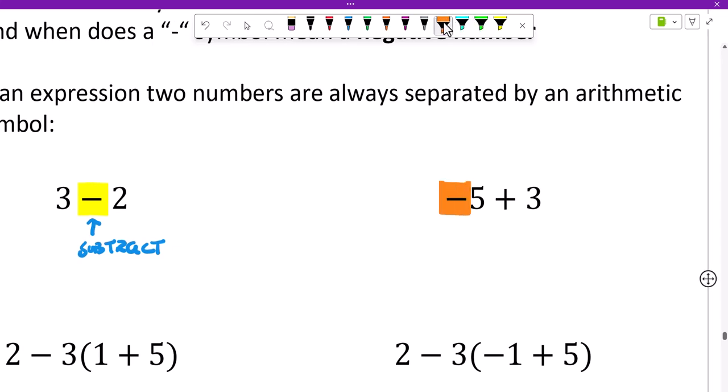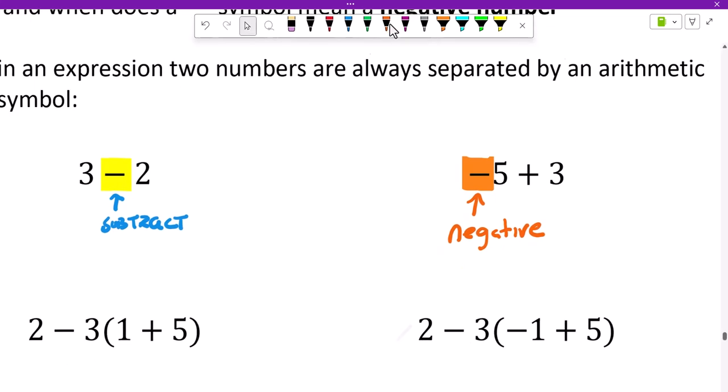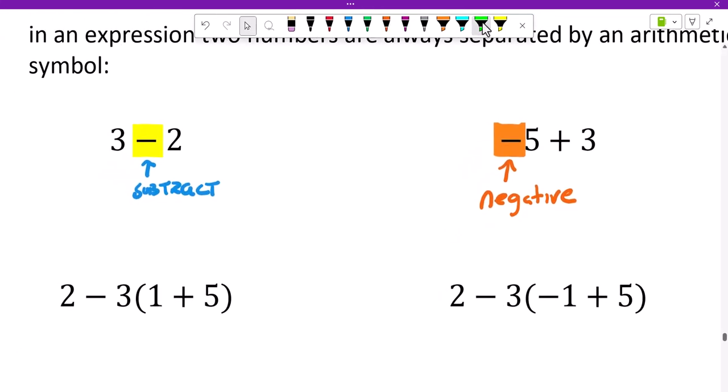Let's go orange this time. That one. Does it mean negative or does it mean subtract? Lyndon? Negative. Correct. Okay. Let's do green this time. This one. Thomas, negative or subtract? Subtract.